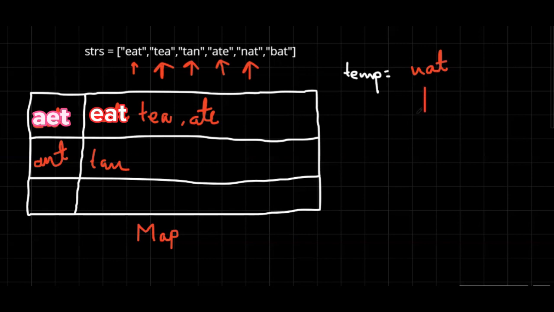And if we perform the sorting operation on this string, nat will become ant. But wait, ant is also present here as a key. So we have to store nat here. Now finally, we have to erase it again. And we are currently at the last string, which is bat.